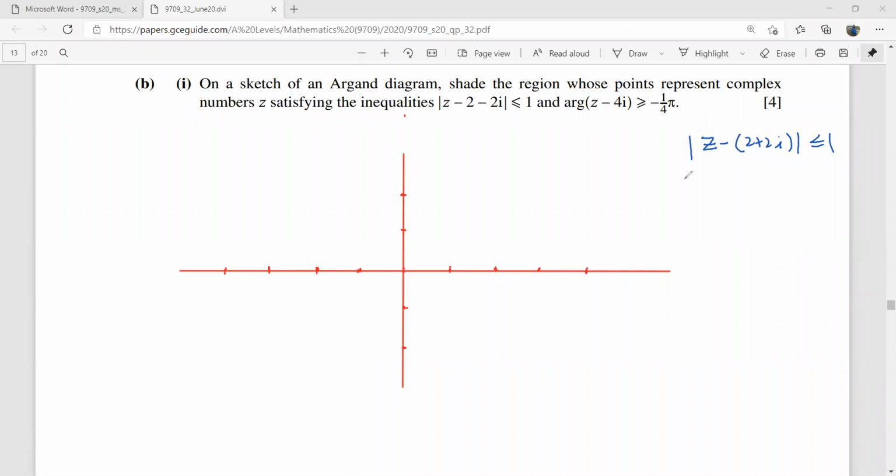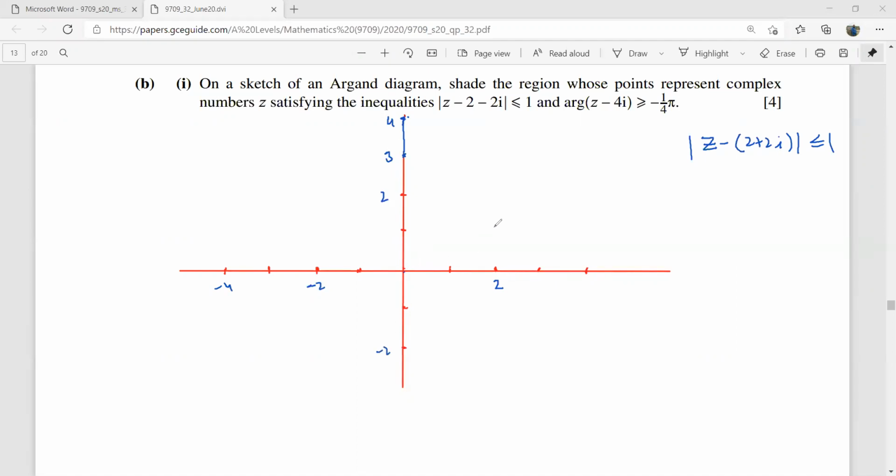The center of the circle is 2 plus 2 iota. This is your 2, this is your 2. And I think I'll be needing this up to 4, because I have seen this minus 4 iota here. So this is going to be minus 2 here, minus 4, this is minus 2.